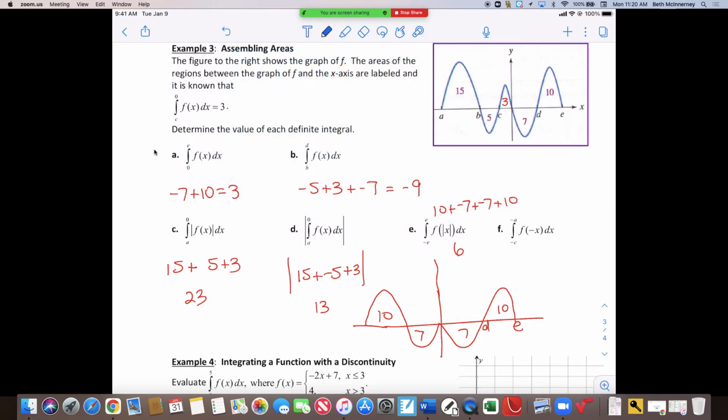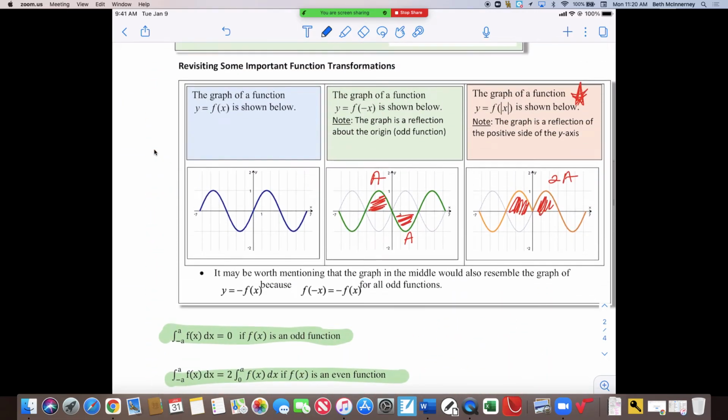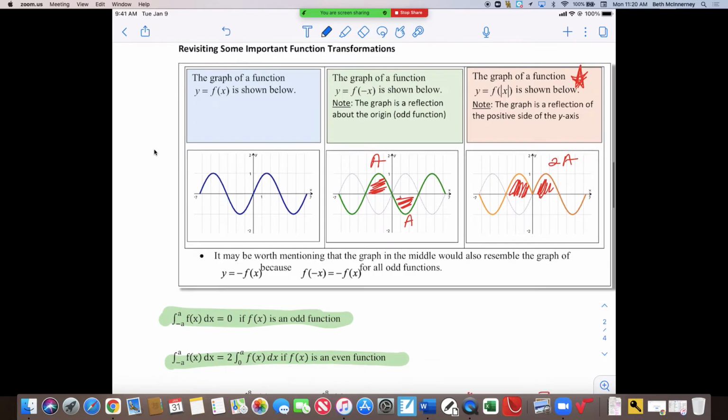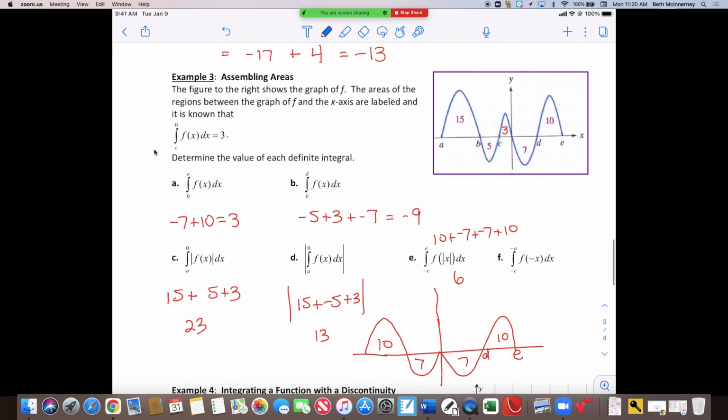Let's go. So if I have f of negative x, remember that is a reflection about the origin. So I want negative c to negative a. So let's make a sketch here. I'm not sketching that very nicely.